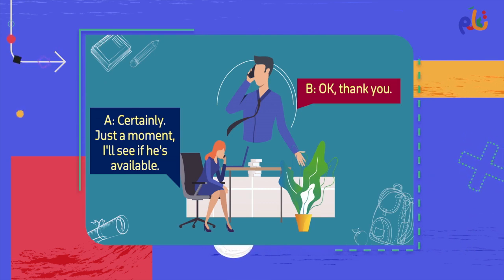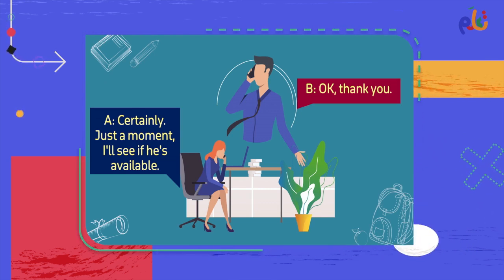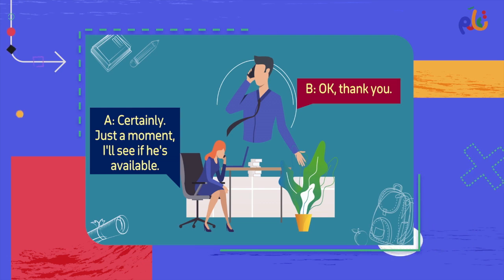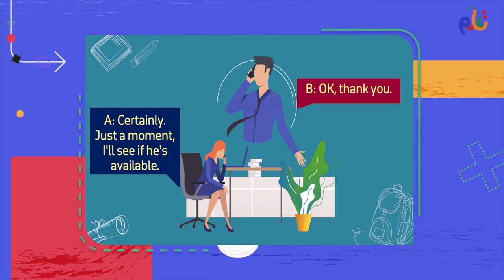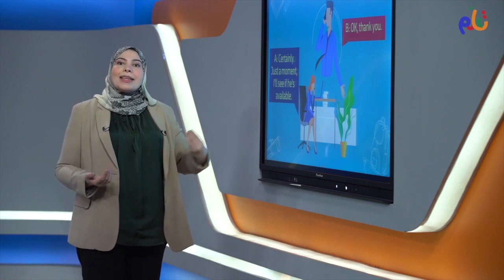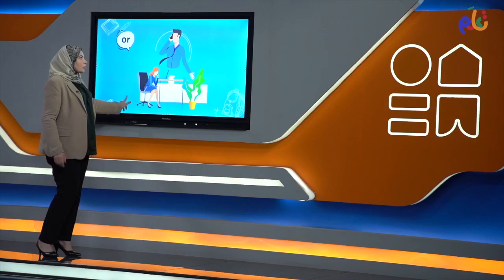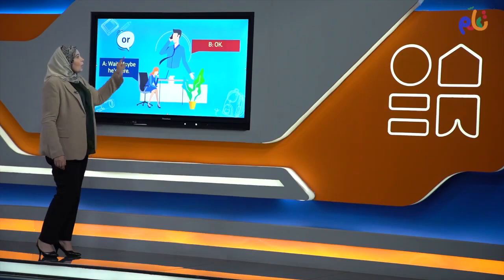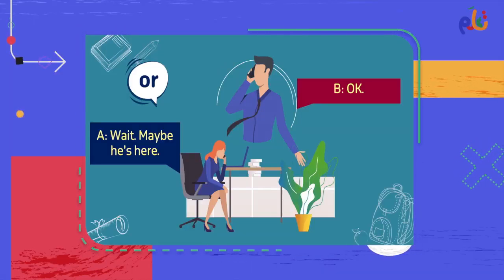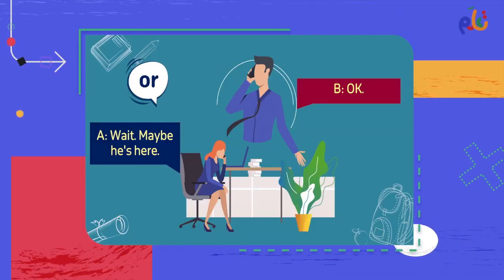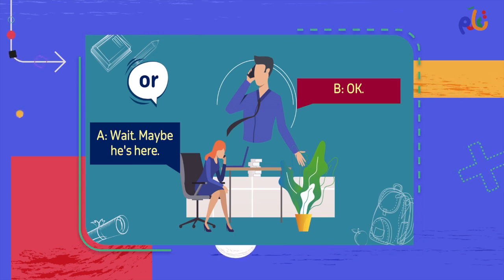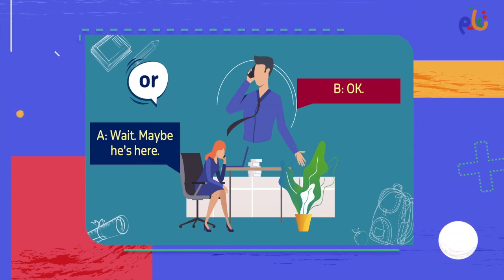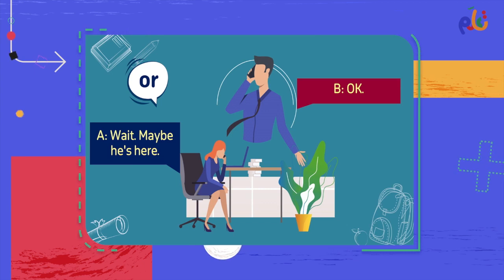Certainly is a lot more formal than wait. Just a moment is a lot more formal. So here, this is nicer. And okay only is not as nice as okay, thank you. So just say thank you to the person you're talking to. So this is how we sound polite.